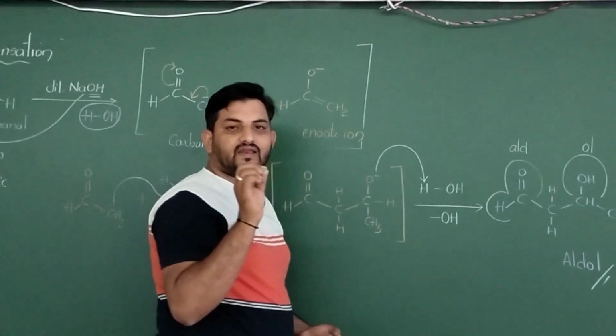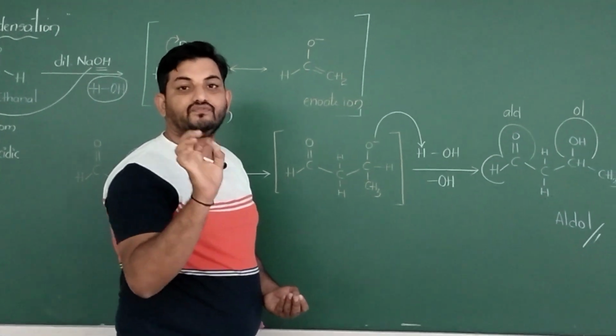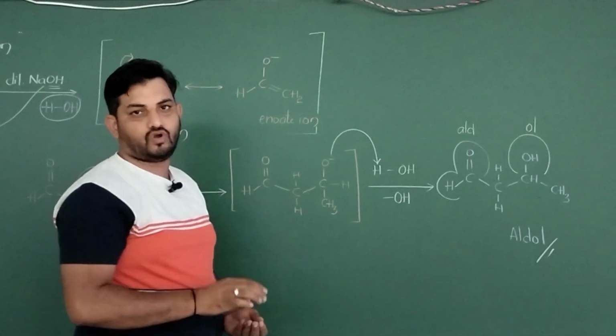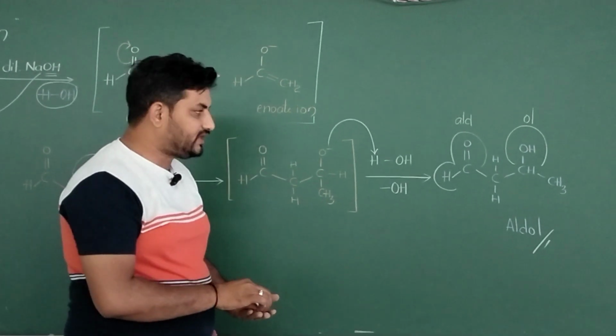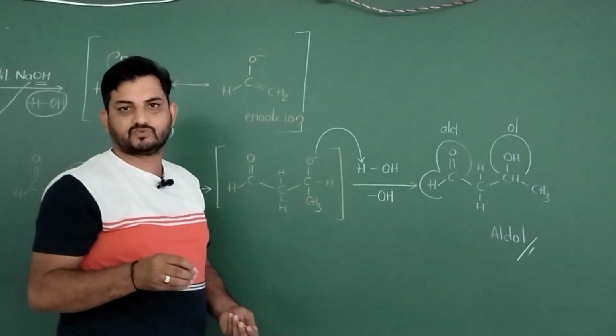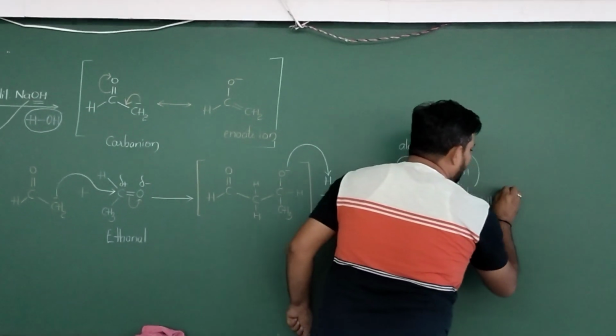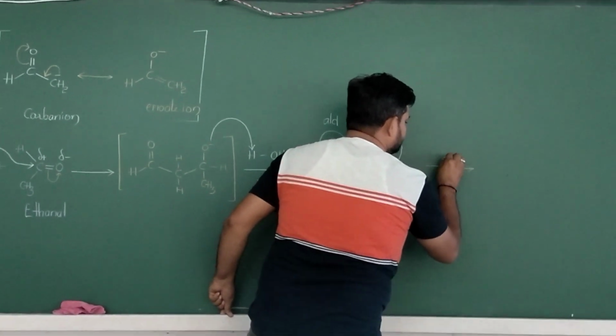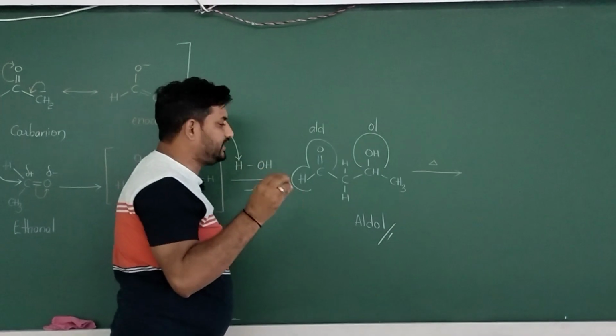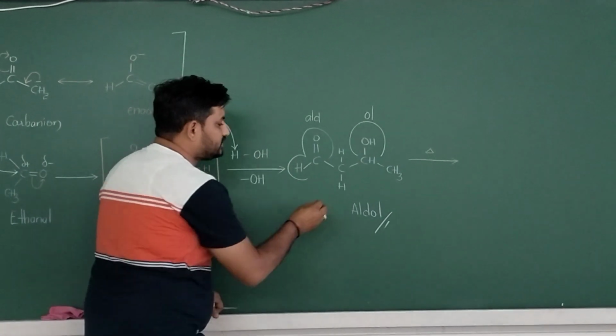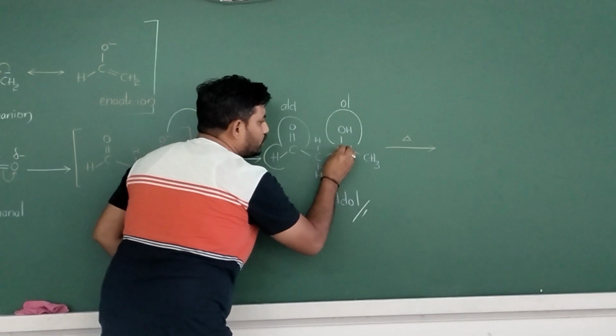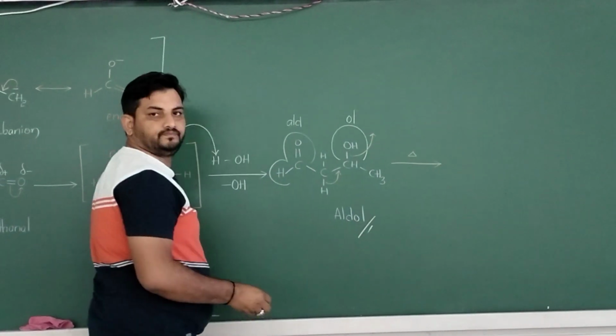Further, a reaction similar to that of a Claisen-Schmidt reaction occurs. What is that reaction? If you provide some minor temperature, a slight heating of this aldol will trigger the elimination or loss of a water molecule.